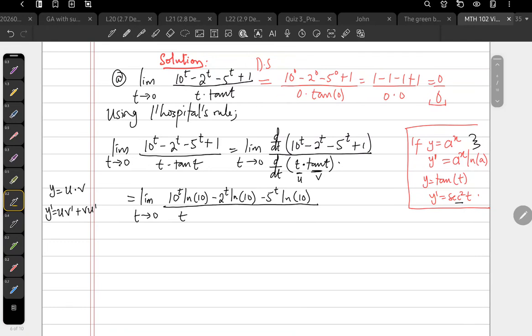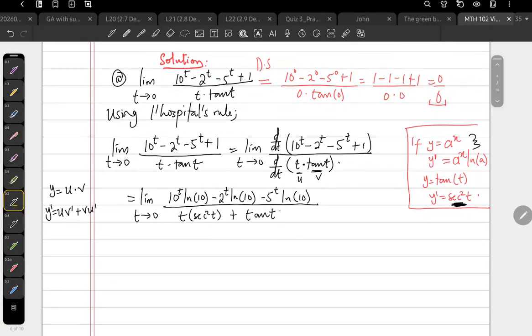So v prime, according to what I've written by the side here, is sec squared t, then plus v, which is tan t, times the derivative of t, which is 1.